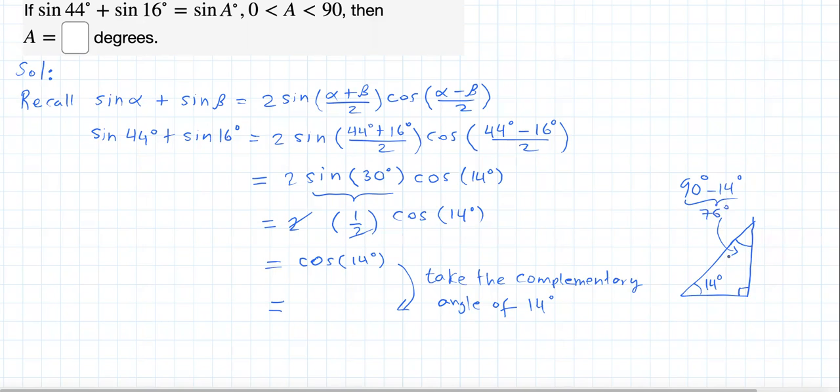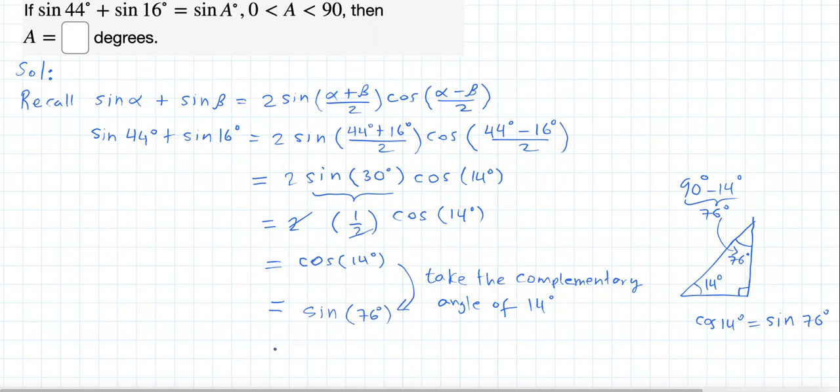Notice cosine of 14 degrees, which is adjacent over hypotenuse, is the same as sine of 76 degrees, opposite over hypotenuse. What is the adjacent for 14 degrees is the opposite for 76 degrees. It's the complementary angle. So whenever you want to go from cosine to sine, or from sine to cosine, use the complementary angle.